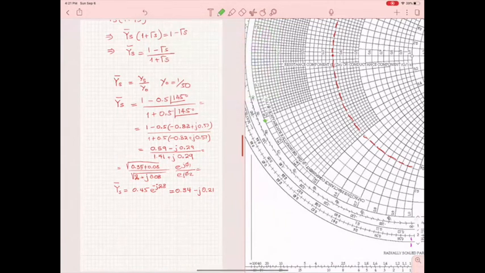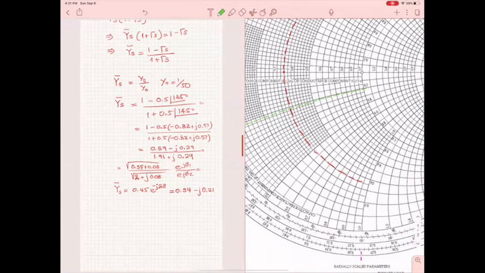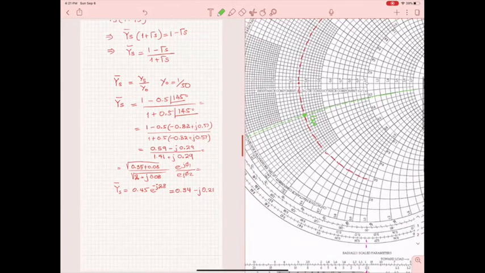And all of the points on this circle have the same reactive part of the admittance. So our load ys normalized, which is the load in this particular case, is right there.